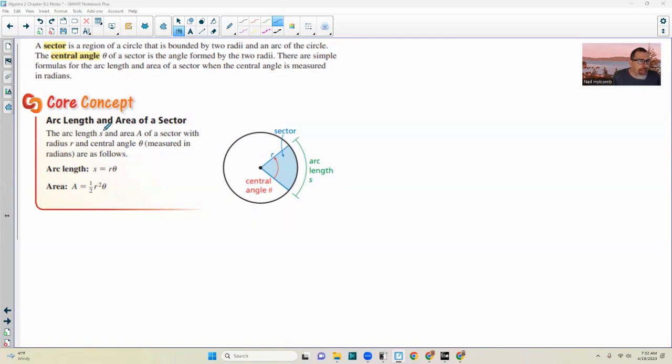The arc length S and area A of a sector with radius r and central angle theta measured in radians are as follows. Arc length S equals r times theta, in other words, the radius times the angle measured. The area is 1/2 r squared times the central angle theta. Let's take a look at that in examples.